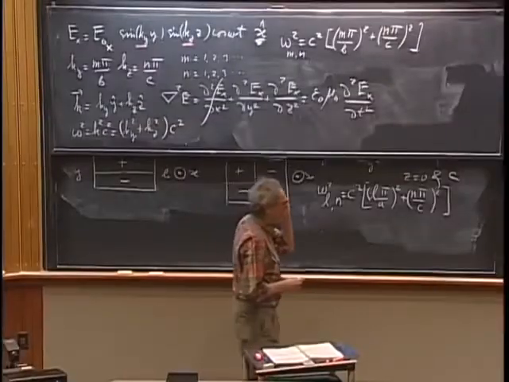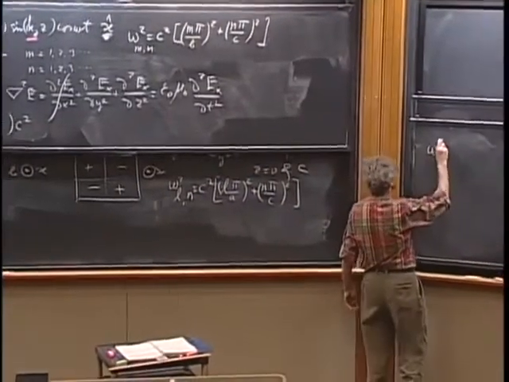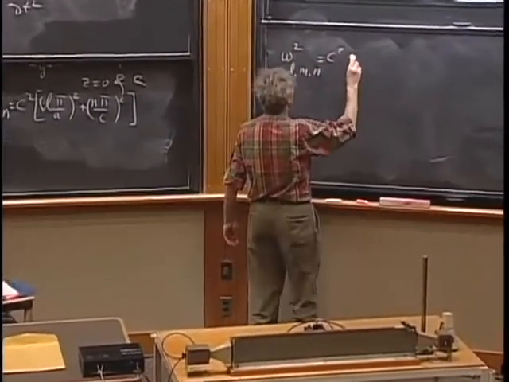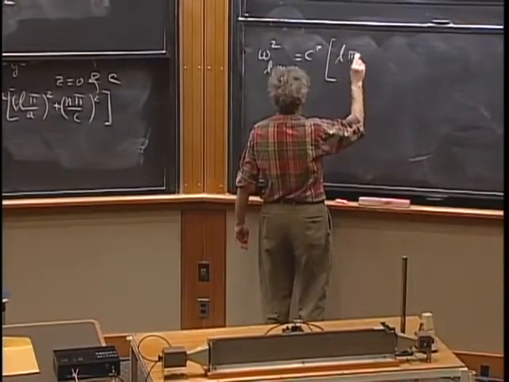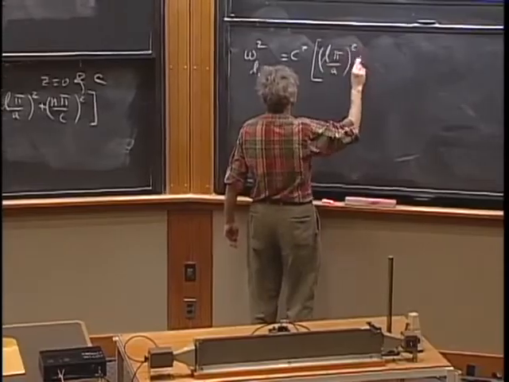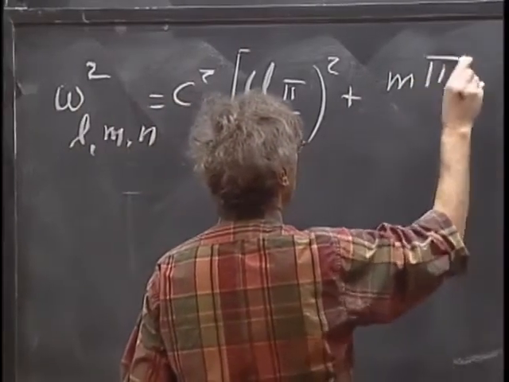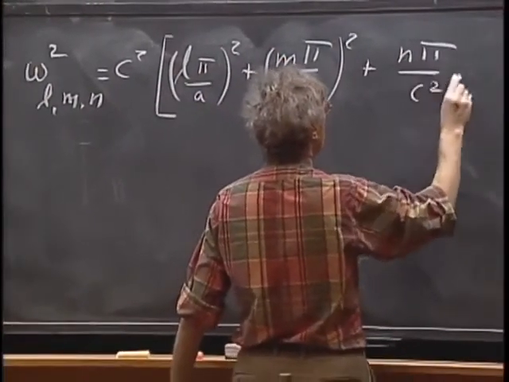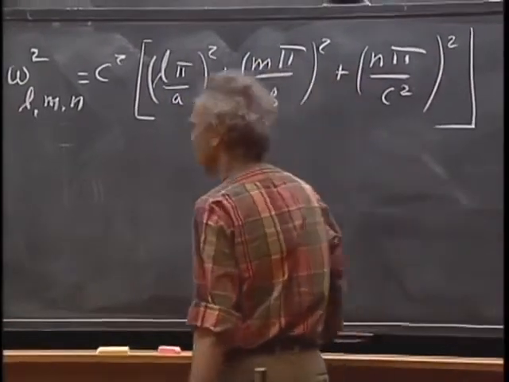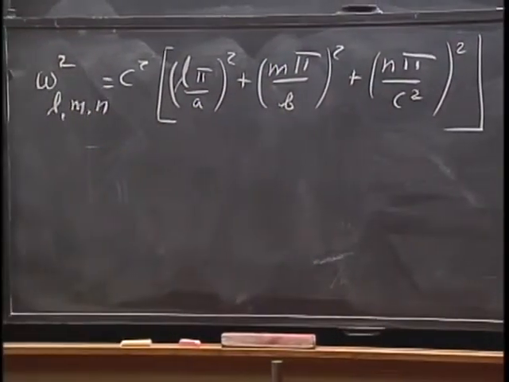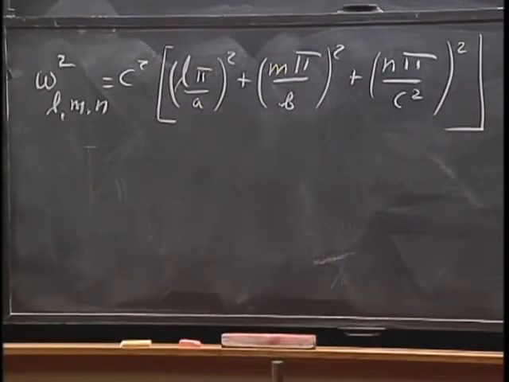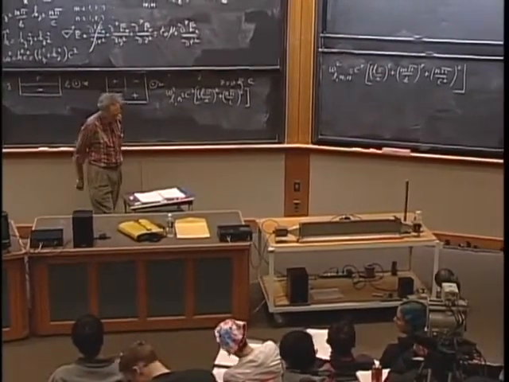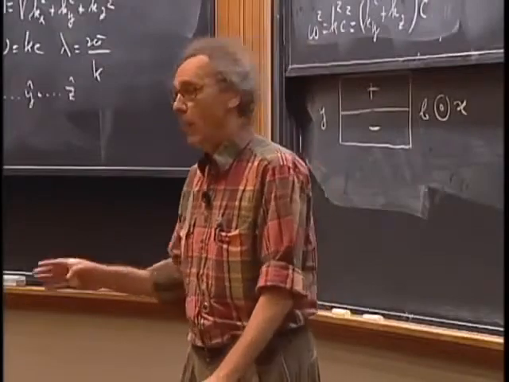If now I make omega squared L m n equal c squared times L pi over a squared plus Miri pi over b squared plus Nancy pi over c squared, then I can have an E vector which is in some random direction, well maybe not too random because I have to meet this condition, and now I have a whole family of infinite number of resonance frequencies which are not only E vectors in x, y, or z direction.